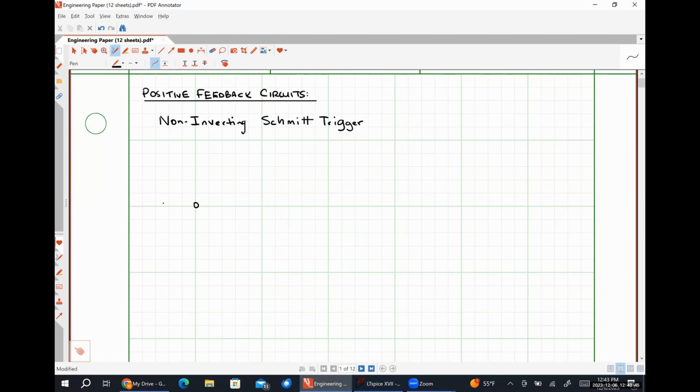So this is going to be our input terminal, Vin of t. We have a time varying input signal. We're going to have some resistance here, which I'm going to call R1. Over here, we're going to have our op amp. I'm going to have my positive feedback path.